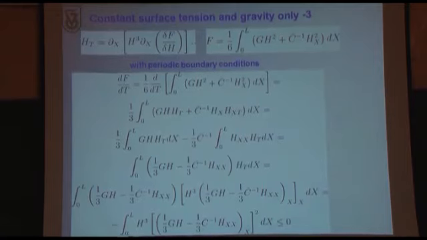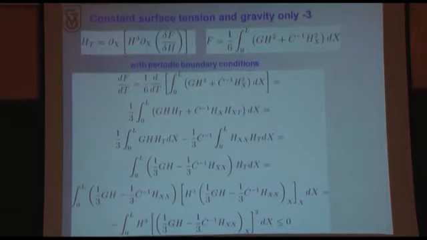Now I combine these two terms, 1/3 gh minus 1/3 of this times the second derivative, all multiplied by ht, equals this.